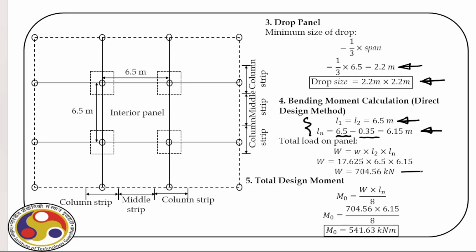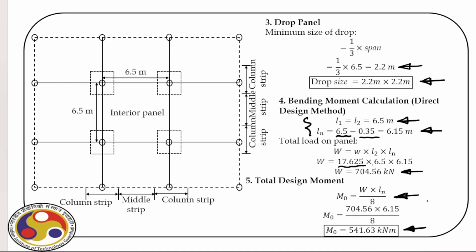And then total W, what we get here is 704.56 kilonewton. Recall this is factored simply because here this small w is factored. So the total design moment as per this direct formula is W times Ln by 8. So we can calculate that it is 541.63 kilonewton meter. So that is the total moment.